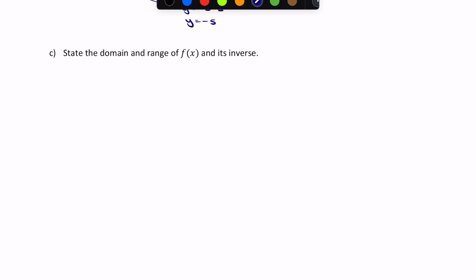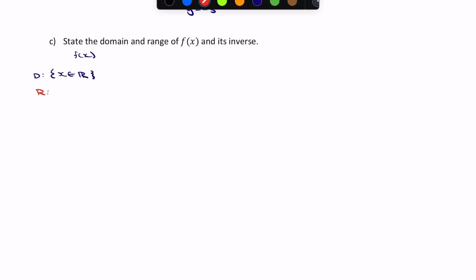So here, if we look at x plus 2 squared, we see that x is an element of real numbers, so the domain for f of x is x is an element of real numbers, and for our y, our range, y has to be greater than or equal to 0, and y is an element of real numbers.